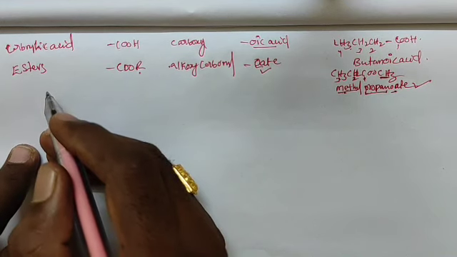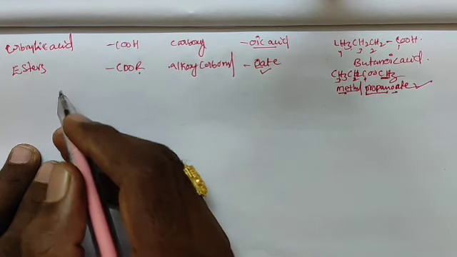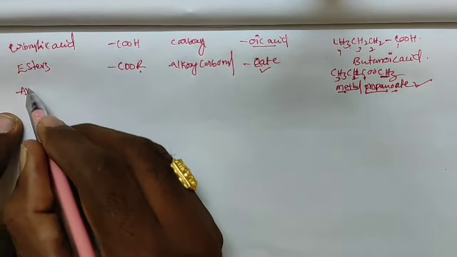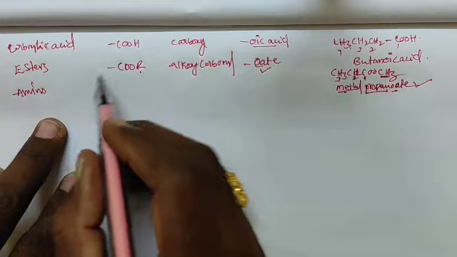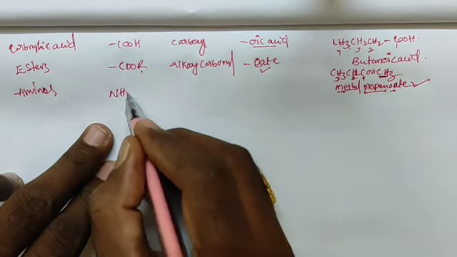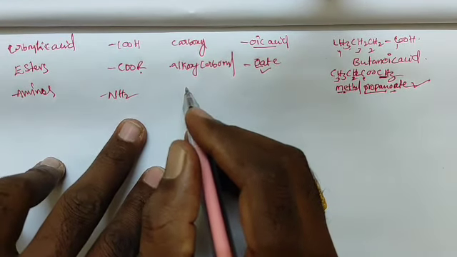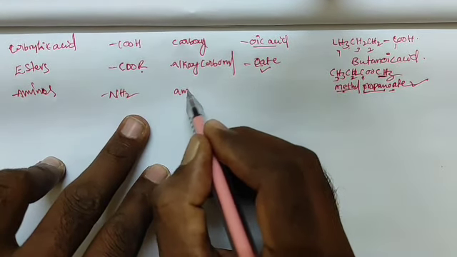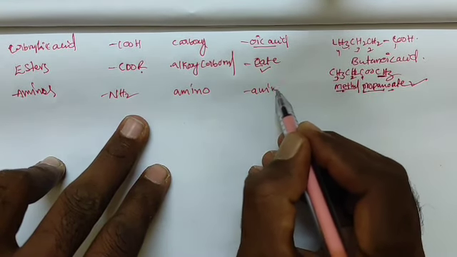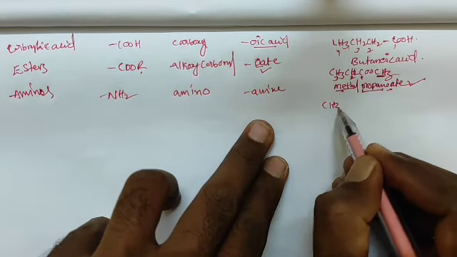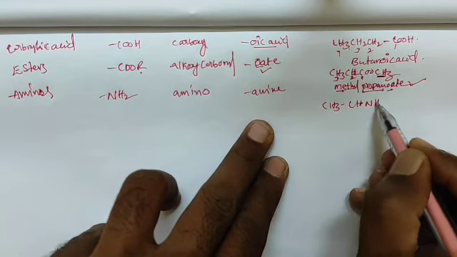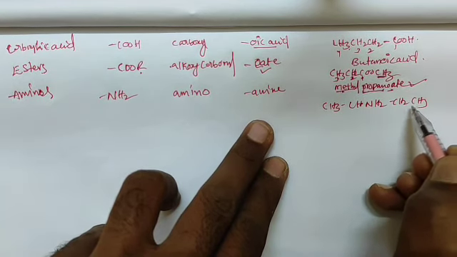Next, after ester, amino compounds, amines. The structure is NH2. We take amino as a prefix, or amine as a suffix. Example: CH3 CH NH2 CH2 CH3.